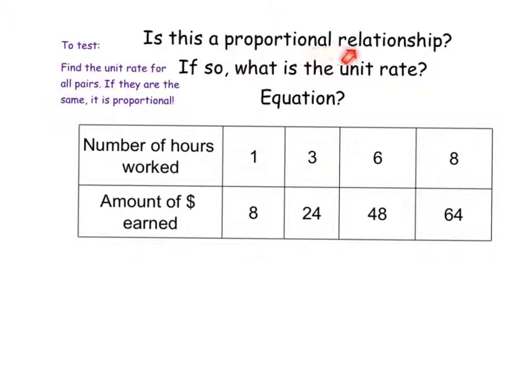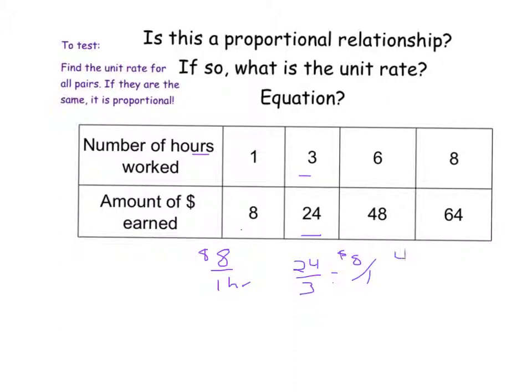So first we have to figure out if this is proportional. If it is, what is the unit rate, and then the equation. So again, to see if it is proportional, we're going to find the unit rate for all pairs. So for this first one, 8 over 1, so 8 per 1, and that's dollars per hour worked. This one, 24 to 3, can be simplified to $8 per one.